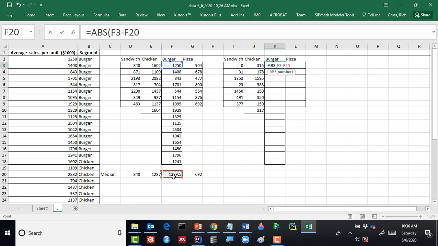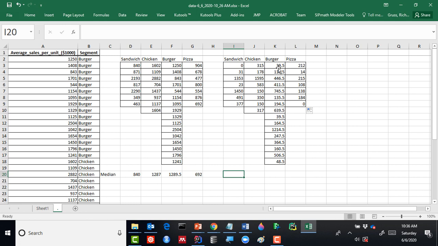Same thing, the original value minus the median, and then we'll do it for the pizza group. So it's the absolute value of this minus the group median, and you can press F4 to make an absolute reference like that. All right, looks like everything was done correctly.